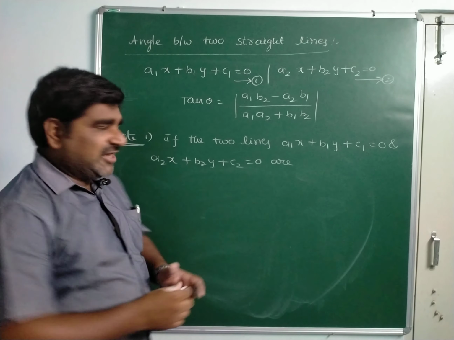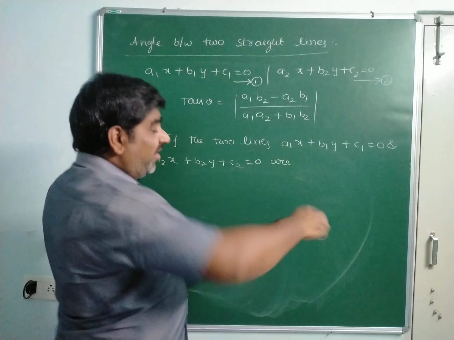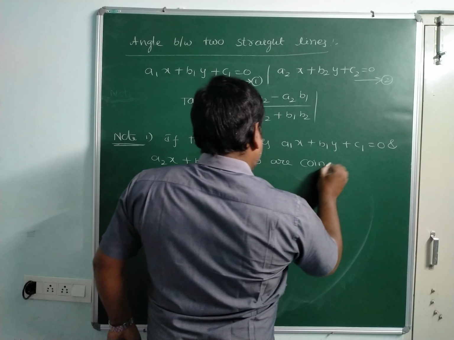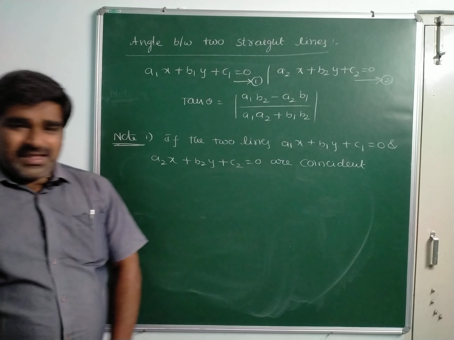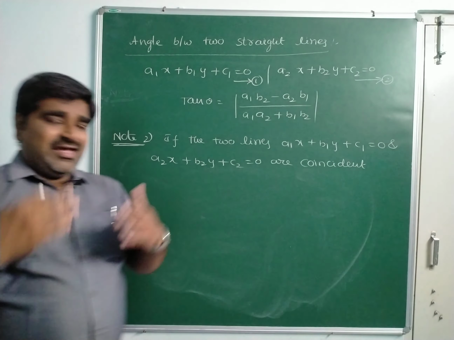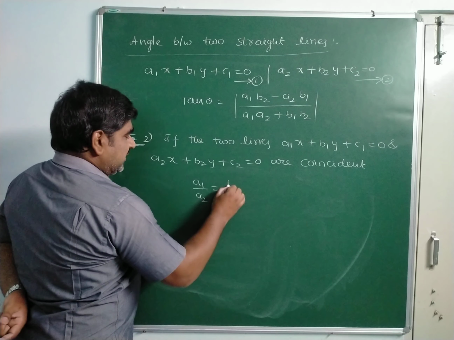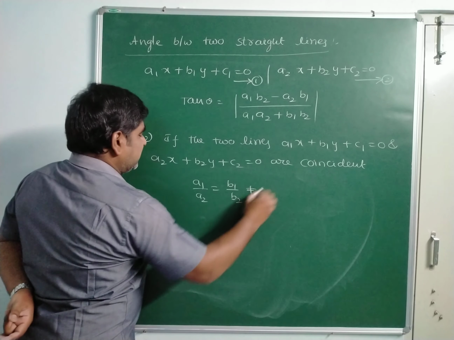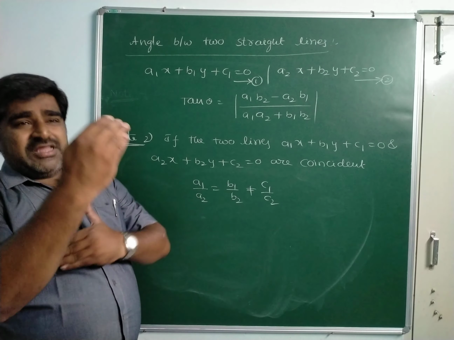Now, if the two lines a1x plus b1y plus c1 equals 0 and a2x plus b2y plus c2 equals 0 are coincident. Just now we discussed that if the two lines are parallel, then a1 by a2 is equal to b1 by b2, but not c1 by c2. In the constants, they may be different.